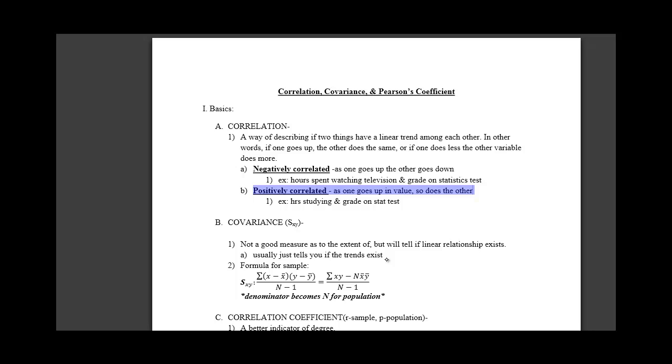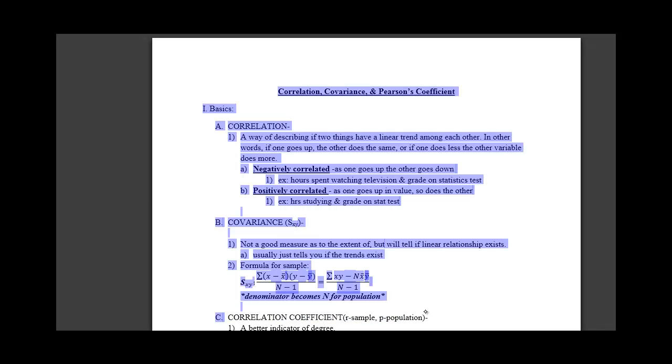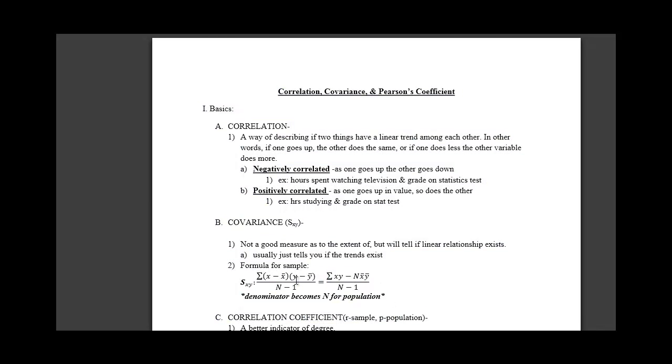So what we do is we calculate Pearson's correlation coefficient, and that gives us more of a concrete term. Well, these are the two formulas. This first one right here is take the deviations of each, multiply them together, and divide by n minus 1.